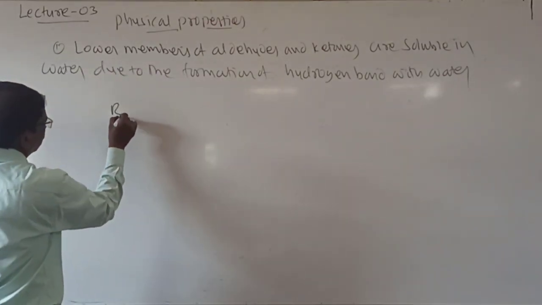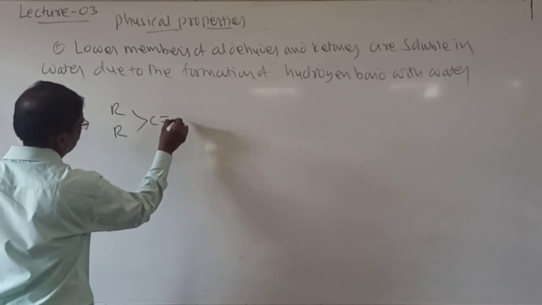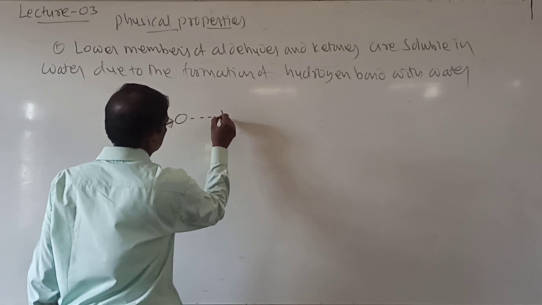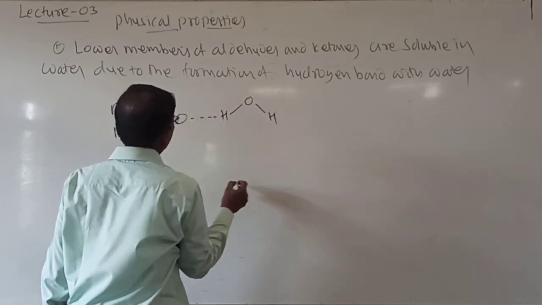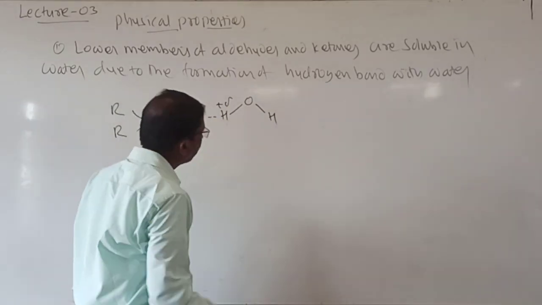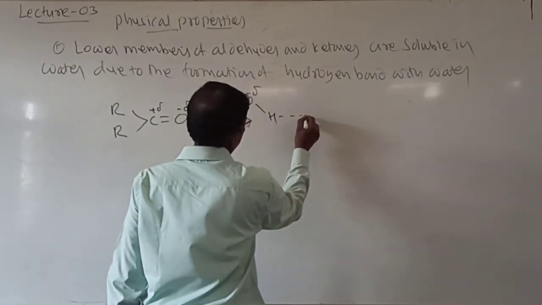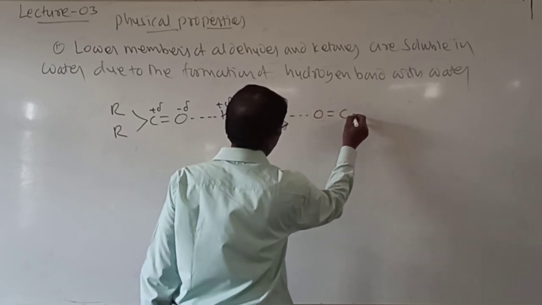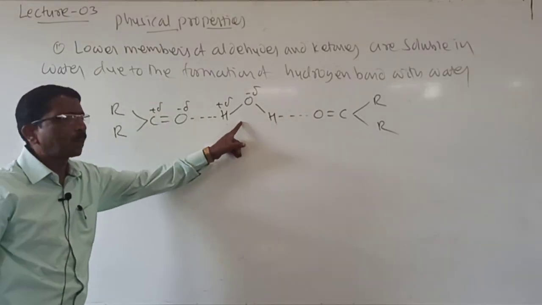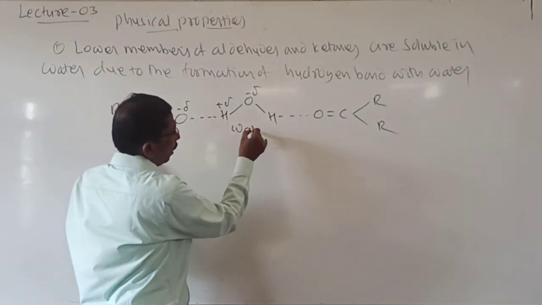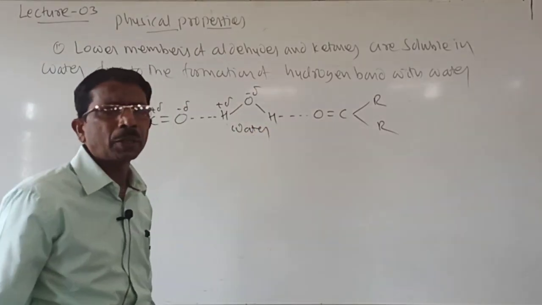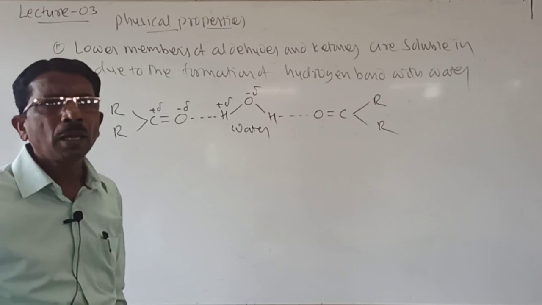Look here, it is aldehyde and here, look here students, a water molecule is there, here a water molecule is there, and the aldehydes and ketones form hydrogen bond with the water molecule.